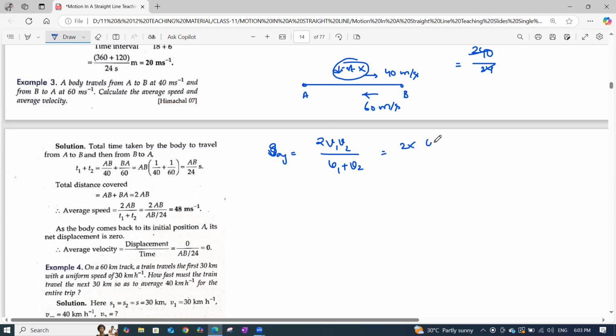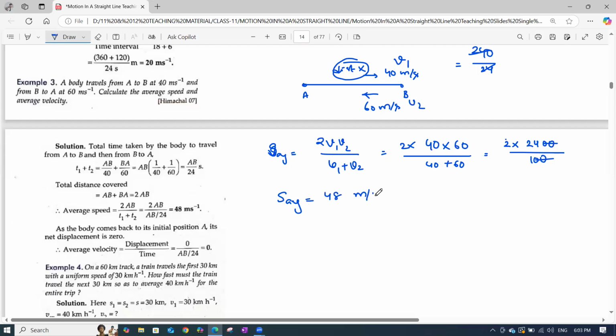This is first velocity V1, this is V2. 2 into 40 multiplied with 60 upon 40 plus 60. 2 into 6 fours 24, 2400 upon 60 plus 40, that is 100. Now 2 zeros get cancelled. 24 multiplied with 2, that is 48. S average value is equal to 48 meter per second.